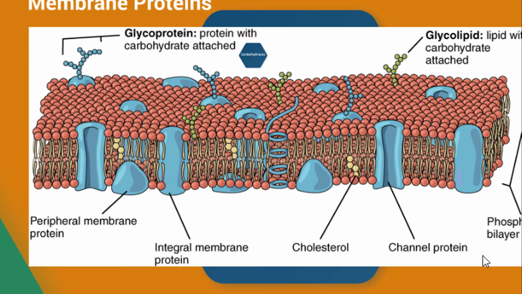Some integral membrane proteins are glycoproteins. A glycoprotein is a protein that has carbohydrate molecules attached which extend into the extracellular matrix. Peripheral proteins are typically found on the inner or outer surface of the lipid bilayer, but can also be attached to the internal or external surface of an integral protein.